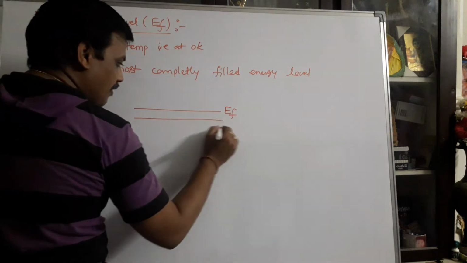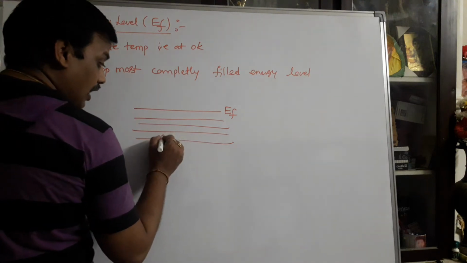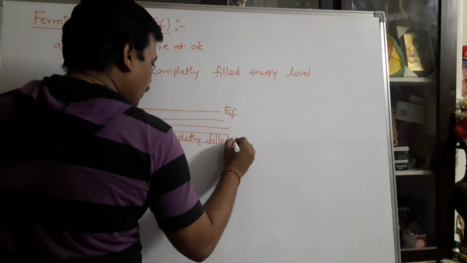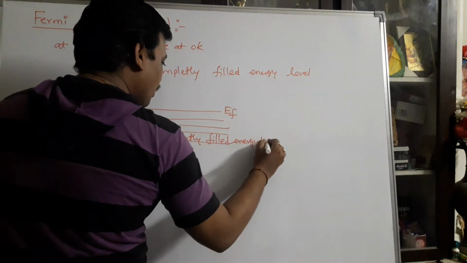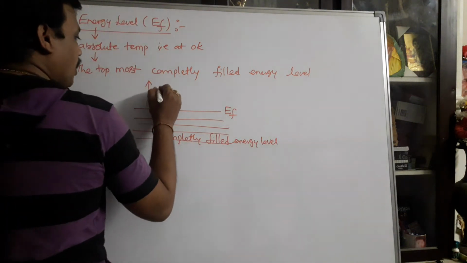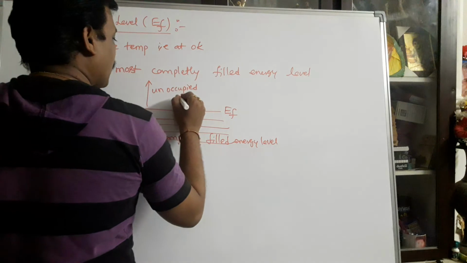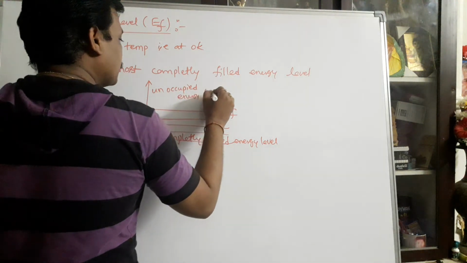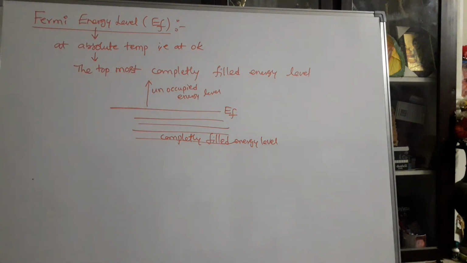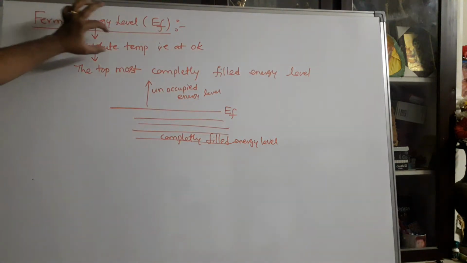So how many energy levels are there at the bottom? All these energy levels are completely filled energy levels. Above the Fermi energy level, the levels are unoccupied. So the Fermi energy level is nothing but the topmost completely filled energy level, particularly at absolute temperature.